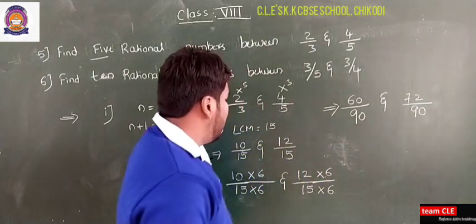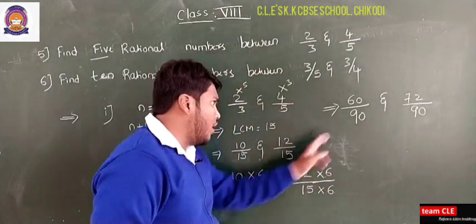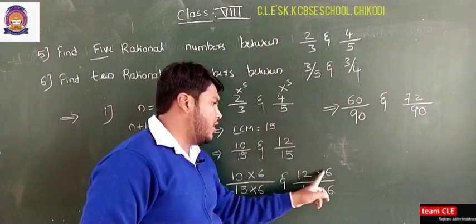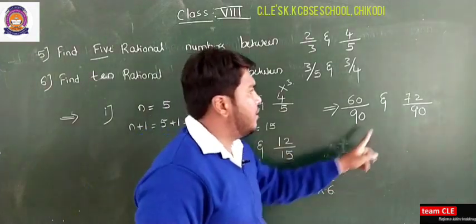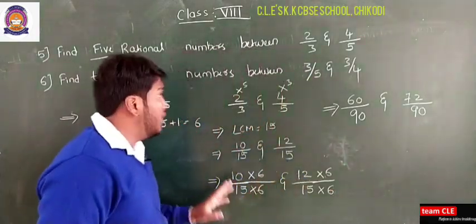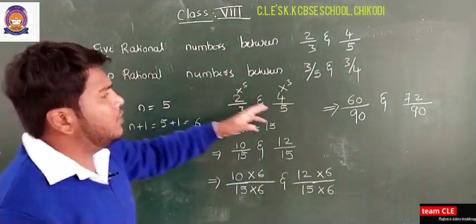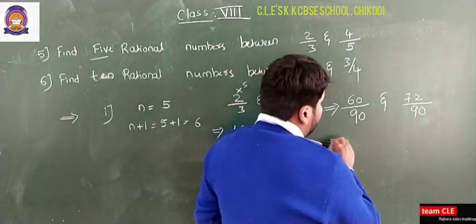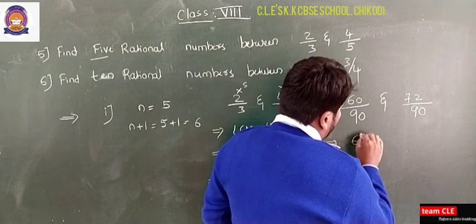Okay, so first 10 into 6 you got as 60, and 15 into 6 is 90. Similarly 12 into 6 is 72 by 90. So I need to write the 5 rational numbers between 60 by 90 and 72 by 90. So I will write this as 61 by 90.